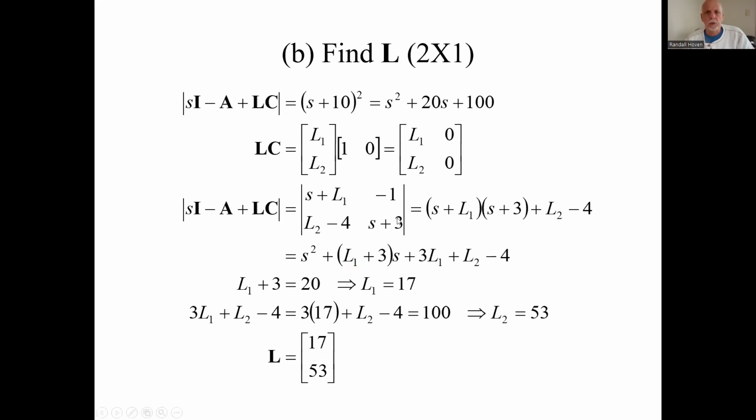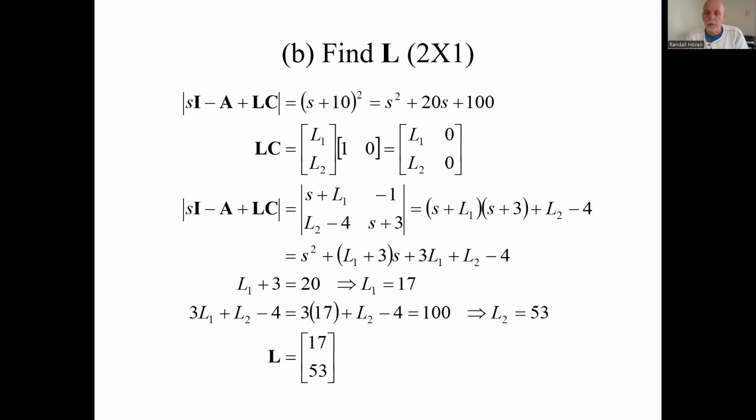So L1 plus 3, we want that to equal 20. And all this back here, we want it to equal 100. Two equations, two unknowns, L1 and L2. Solve it so we can find the observer.